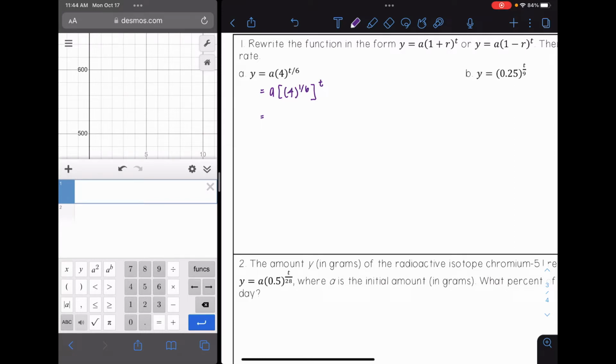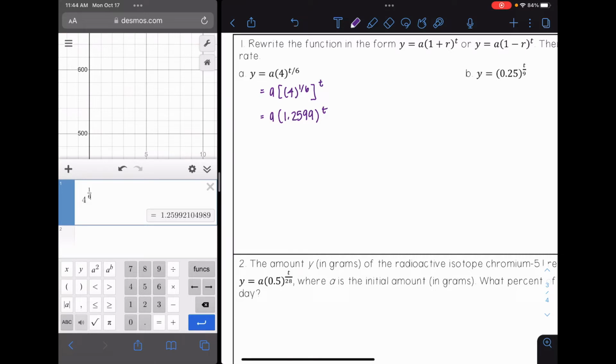I can go over to Desmos here, and I'm going to hit 4, this a to the b button, and then do 1 divided by 6. I get this big number, so I'm just going to do 4 decimal places. So I have a times 1.2599 raised to the t power.